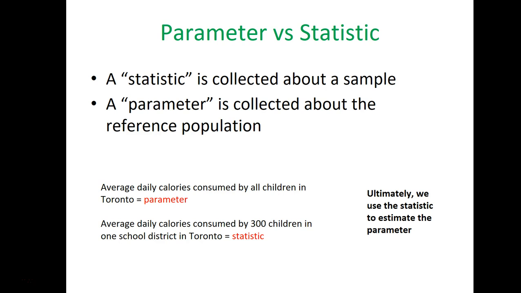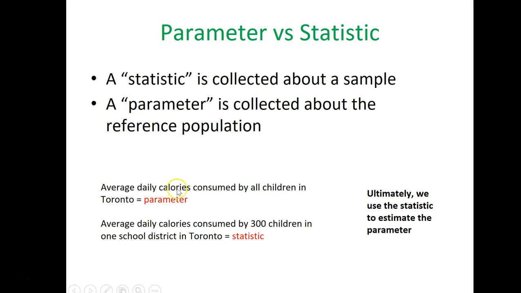That brings us to the terminology that distinguishes between parameters and statistics. A statistic is what we have in our sample, a number from our sample. A parameter is that same descriptor, but for the reference population. And most typically, we actually don't have a parameter. This is usually a theoretical construct, but sometimes it isn't.